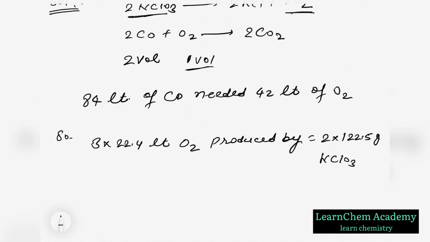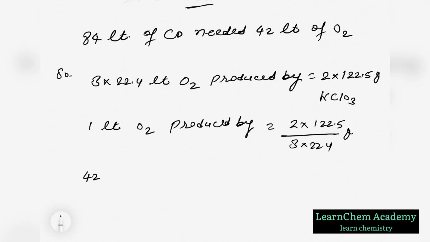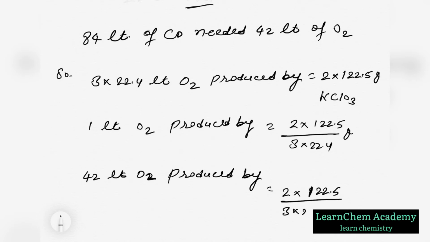Okay, so 1 liter of O2 is produced by 2 into 122.5 divided by 3 into 22.4 gram of KClO3, and we require 42 liter of oxygen, which is produced by 2 into 122.5 divided by 3 into 22.4 into 42.